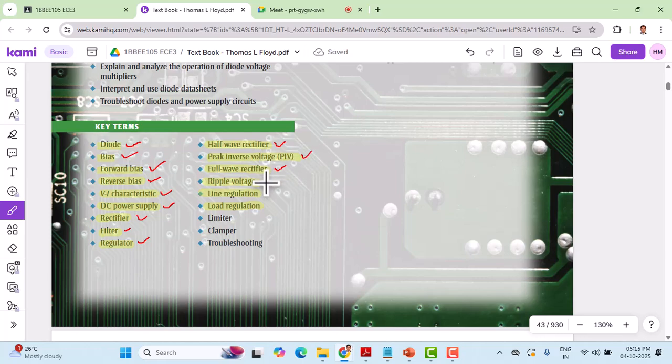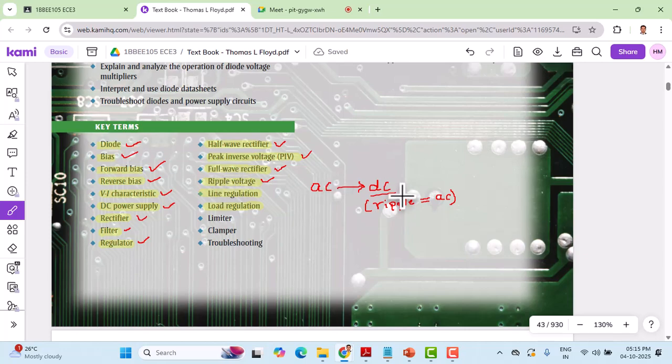Then ripple voltage is also important. Ripple is nothing but an AC voltage. Once you convert AC to DC, the DC signal here may not be 100% DC. It contains some amount of ripple, which is an AC component in the DC. We need to have only a small amount of ripple.